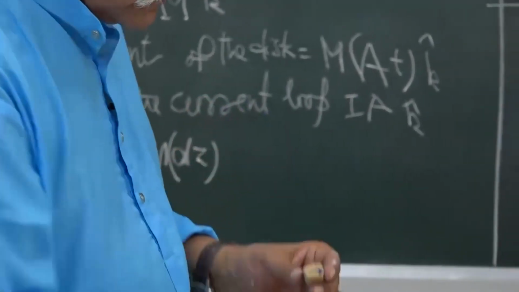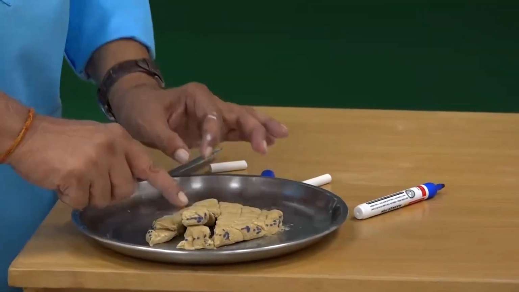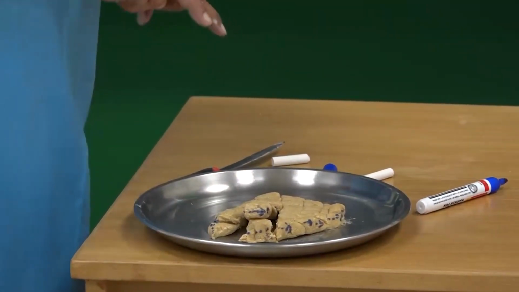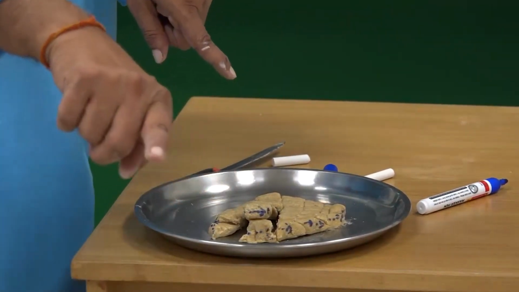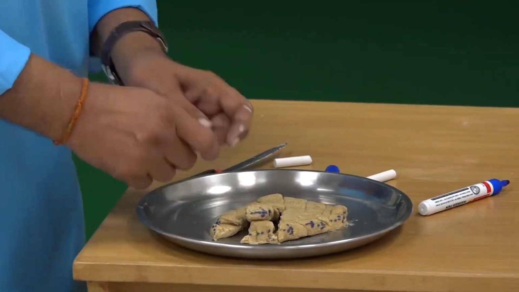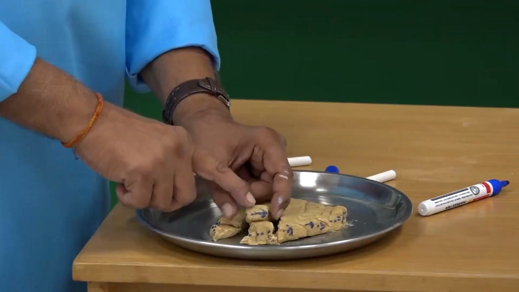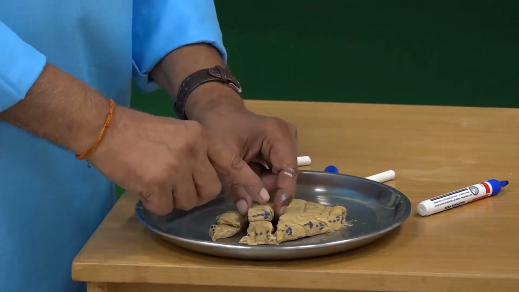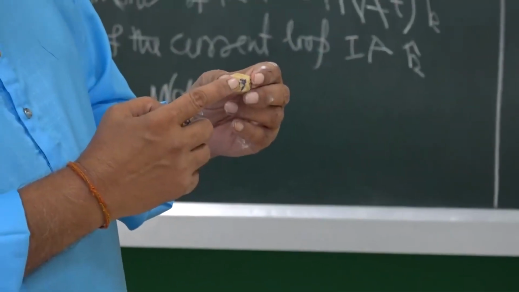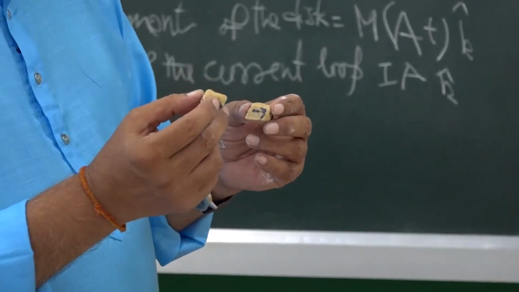But now, since the locations are different, and M is not uniform, we assume that it is changing in this direction. As I go from here to here, M is changing. Magnetization is vertical, but the magnitude here and here is not equal. That means the current I have drawn here and the current I have drawn here are not equal in magnitude.